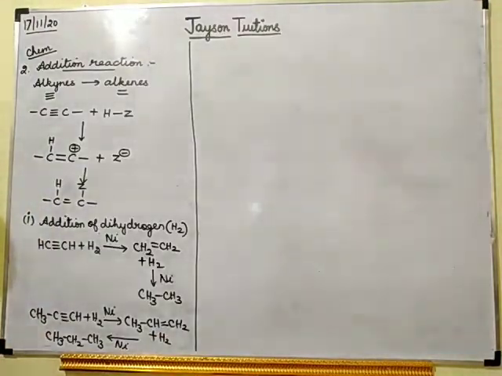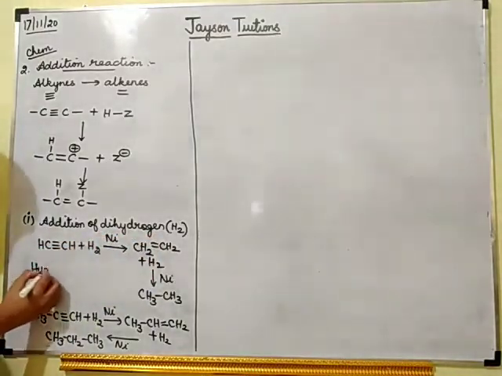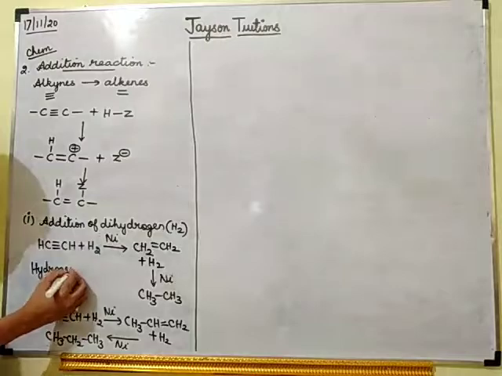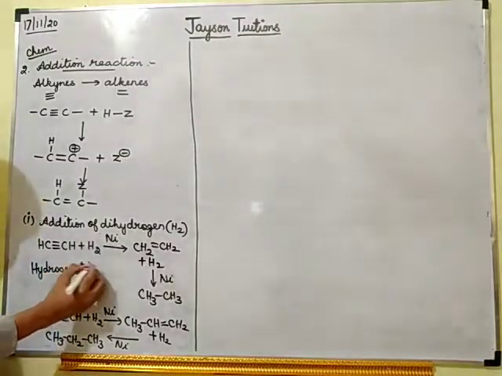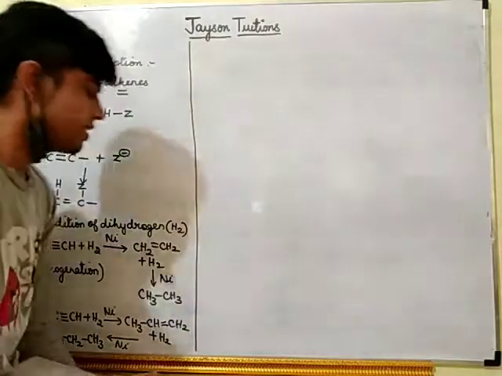Addition of hydrogen is called hydrogenation. Next one is addition of halogens.